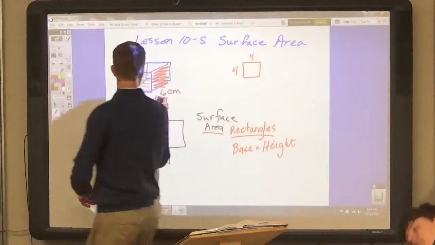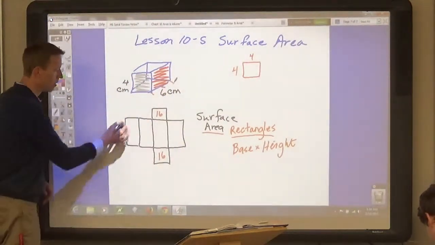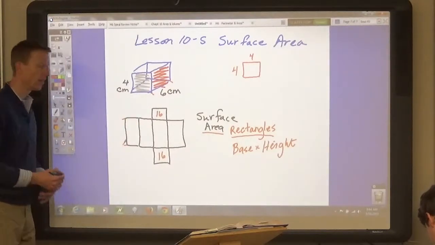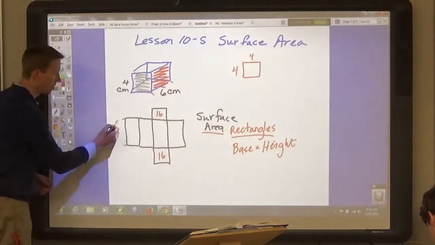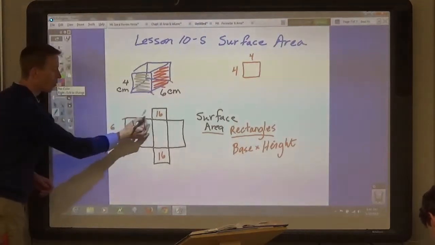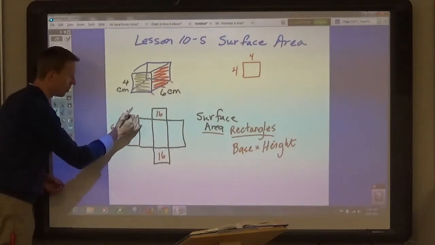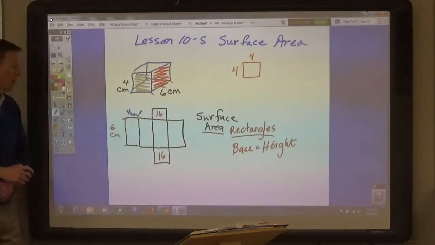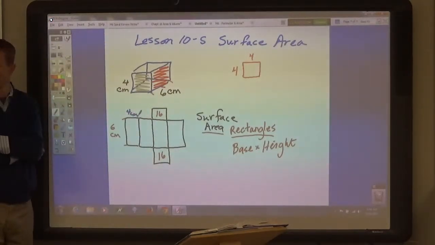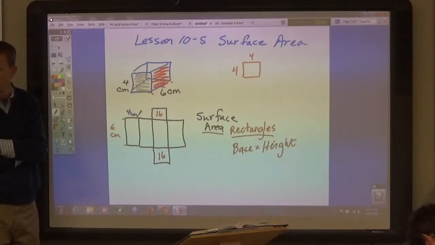See, the depth of this rectangle, from here to here, is what? 6 centimeters. And the width we already know is 4 centimeters. Right? So what is the area, Keyshawn? The area of the rectangles.